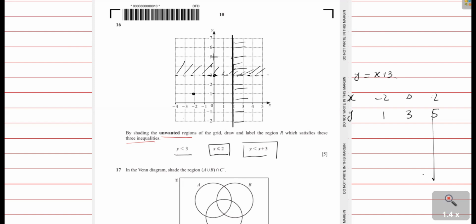We will mark this point and join these points. We get a straight line. And as we have to mention y is less than x plus 3, the downward region will be the wanted region. The unwanted region will be the upward region. We will shade this, and this is the unwanted region, and this is the region of these three inequalities.